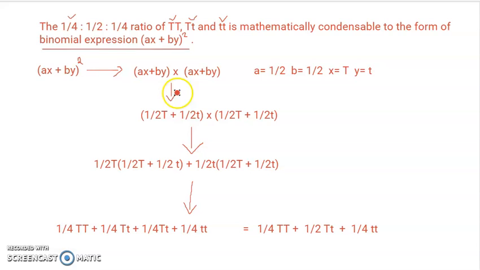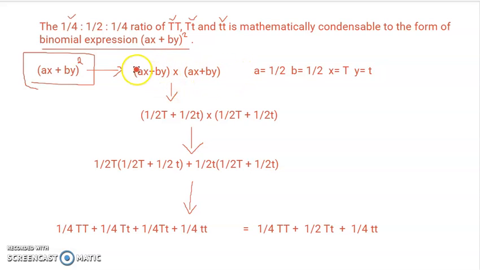Okay, so when I explain this you will understand. So if you take this formula, (ax + by) the whole squared, and we want to expand it, it can be written in this form, that is (ax + by) into (ax + by), right? So it is the whole squared. So we are separating it as (ax + by) into (ax + by).